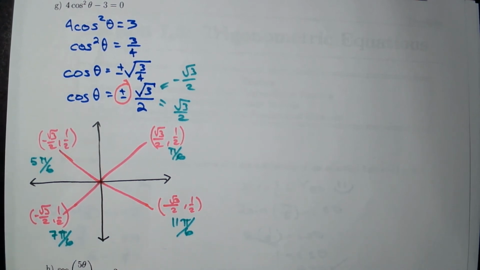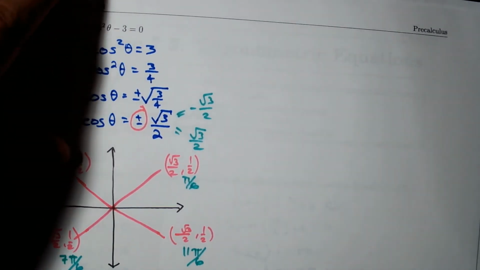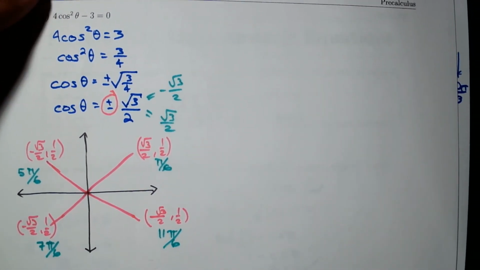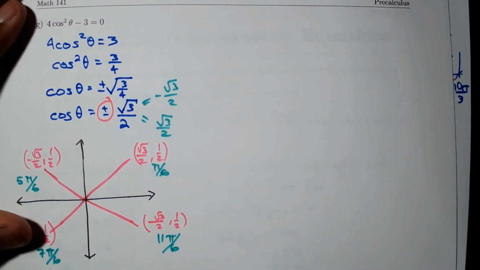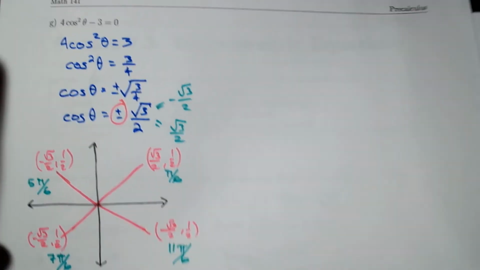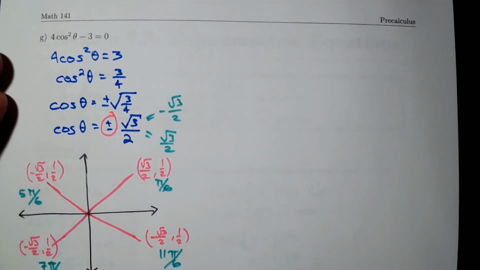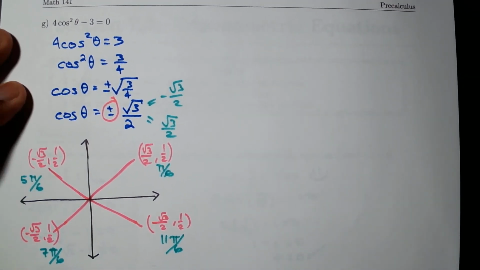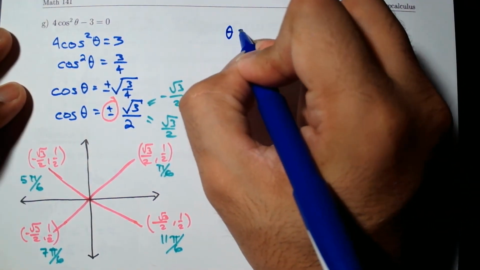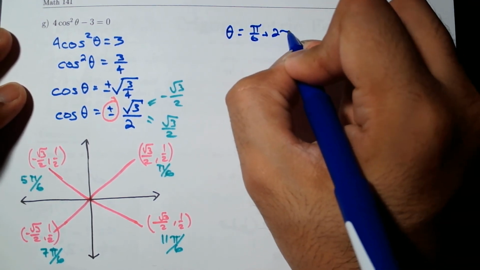So we are going to have essentially 4 general formulas for the solutions. I'm going to write them vertically, not horizontally, for space purposes. Okay, let me fix this real quick. So number 1, the first formula is pi over 6 plus 2 pi k.